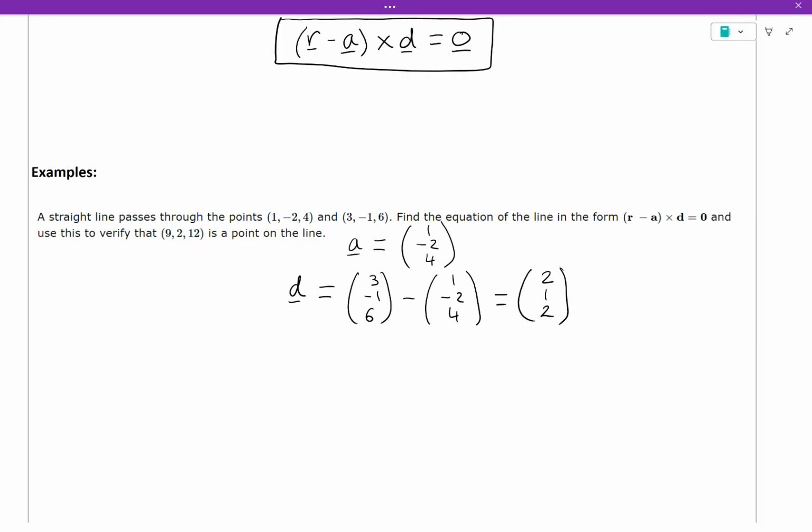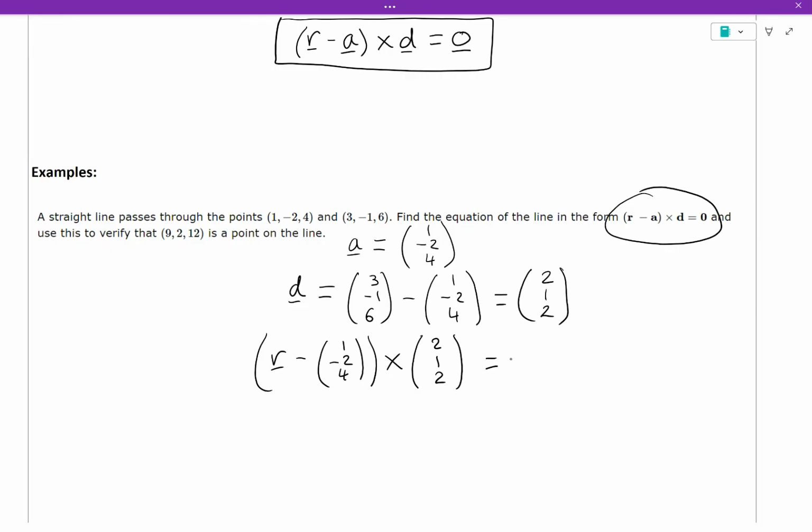Now I can substitute into this format. I would have r subtract 1, -2, 4, close brackets, cross product with d, which was 2, 1, 2, and that will be equal to 0. So that is the equation of my line in our vector product format.